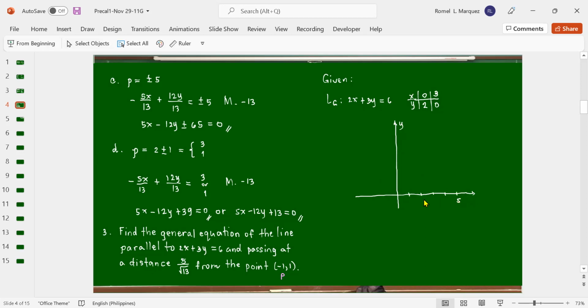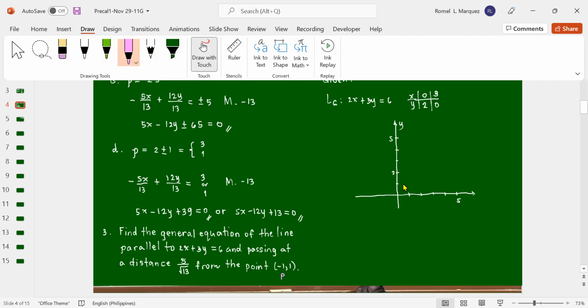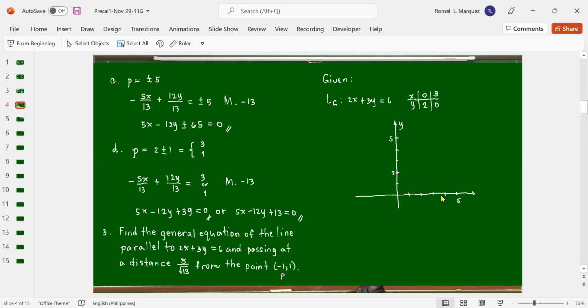So this is 5. 1, 2, 3, 4, 5. This is 2. Okay? So the point is 0, 2. What else? 3, 0. Am I correct? So passing through the points. So this is the given line.